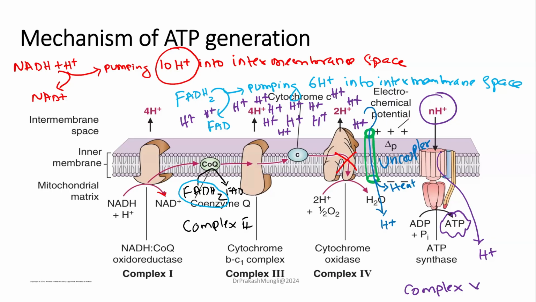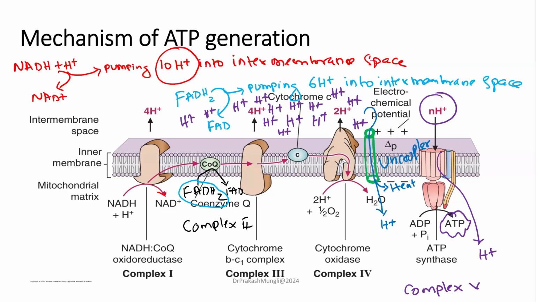FADH2 and NADH are not oxidized, because that's the common path for both of them. So inhibitors and uncouplers will work. In the presence of an inhibitor there is an overall decrease in ATP synthesis, and even with an uncoupler there is an overall decrease in ATP synthesis.